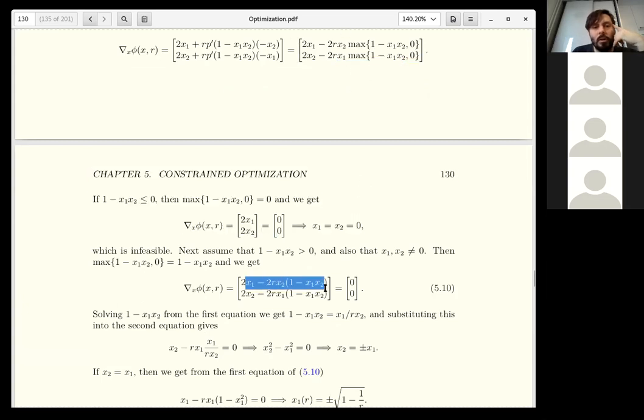So as long as we are outside the feasible region and incurring some penalty, the gradient will look like this, and we set it to 0. So this solves it analytically. We don't have to do it numerically now.